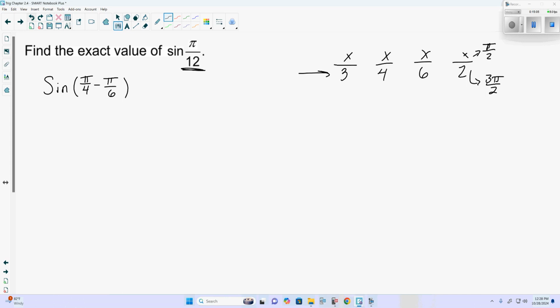So if we want to find that value, we can split it up this way and use the fact that sine of u plus v is equal to sine of u cosine of v plus cosine of u sine of v.